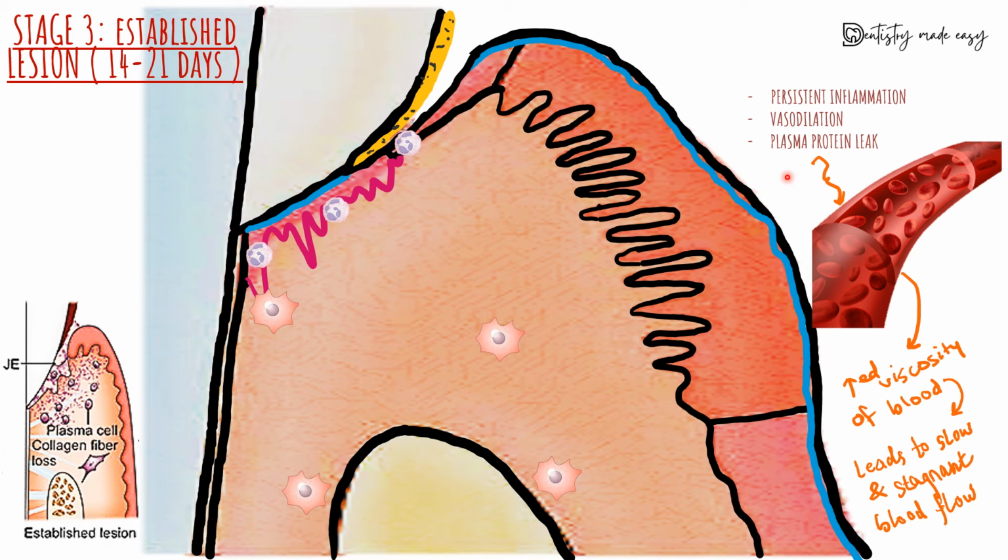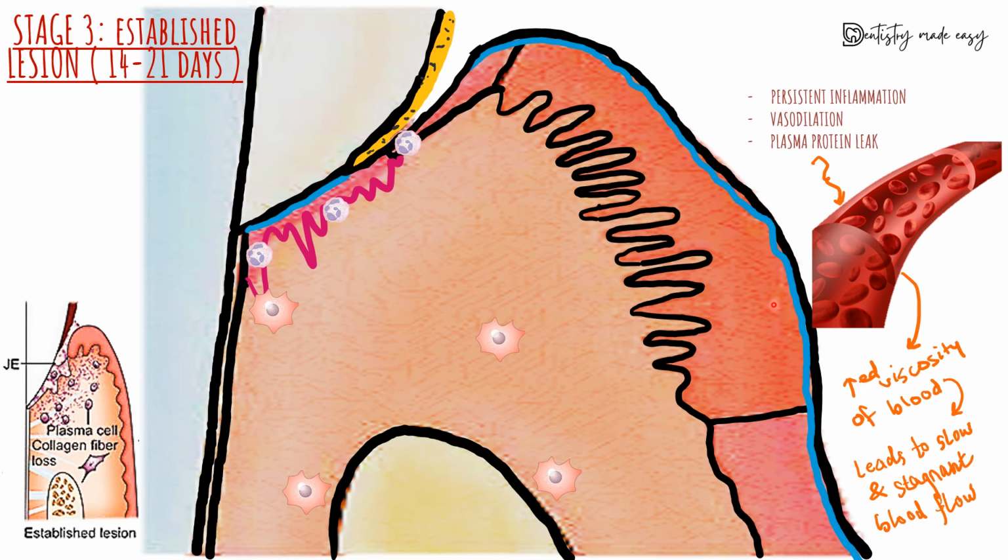Due to the increase in viscosity, the blood flow is slow and stagnant, and because of this the gingiva gets a bluish hue. This bluish hue is the blue discoloration that you see on the gingiva. It is because of the sluggish blood flow, which may cause deficiency of oxygen in the blood.